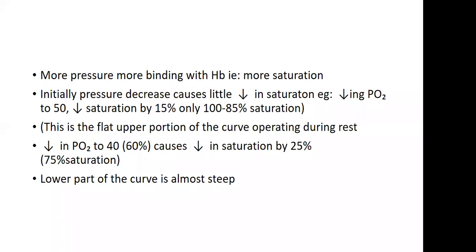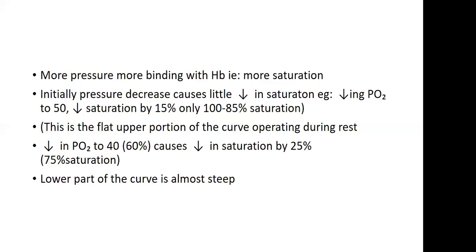For example, if you decrease the partial pressure of oxygen to 50, one would expect that there should be decrease in saturation by 50%, but it's not 50%, rather it's only 15%. That is, from 100, the saturation has come down to 85.